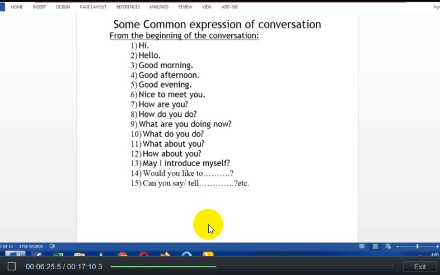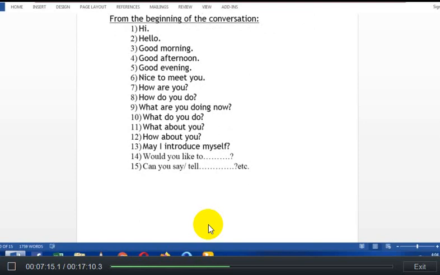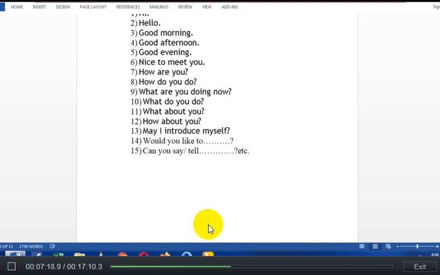Suppose, hi or hello, good morning, good afternoon, good evening, nice to meet you, how are you, how do you do, what are you doing now, what do you do, what about you, how about you, may I introduce myself, would you like to, can you say or can you tell, etc. These are the first common expressions.